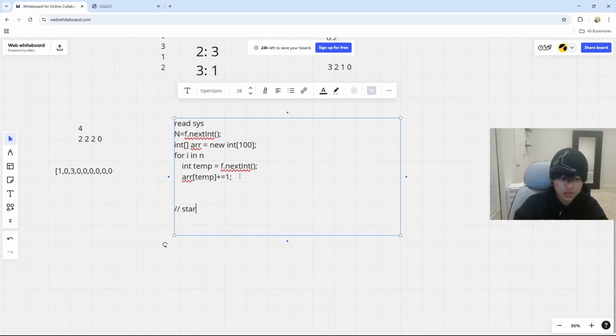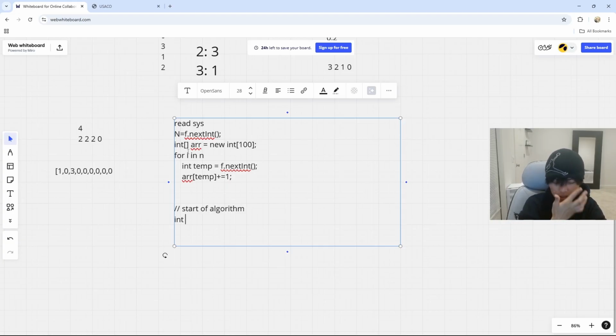Start of algo. First of all, you're going to create a variable. I'll write the code down and then explain it, because you won't get it if you start chronologically, since the variable you use is incremented.